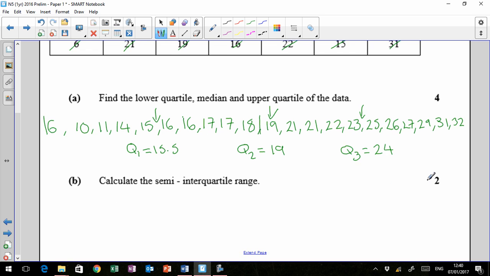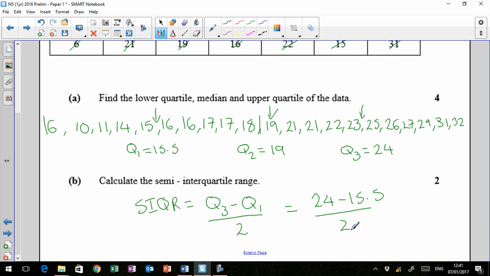Now to calculate the semi-interquartile range, the SIQR: just like your range back in the day was highest take away lowest, your semi-interquartile range is the range of your quartiles, so the biggest quartile take away the smallest quartile, and then divide by 2. So it's 24 subtract 15.5 divided by 2.